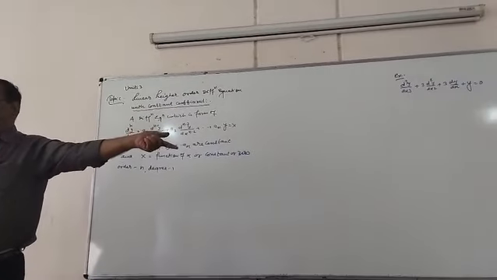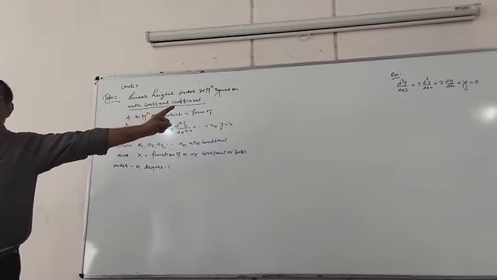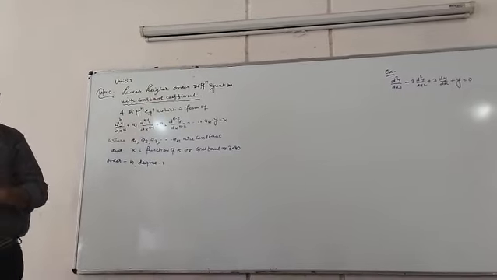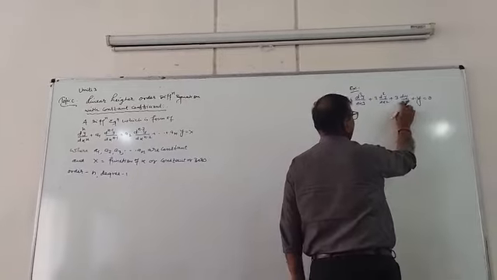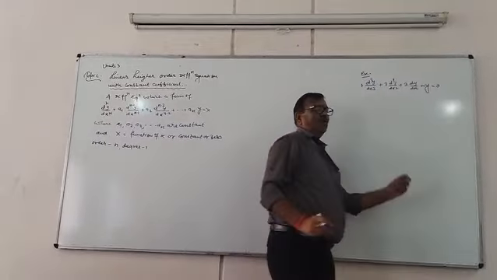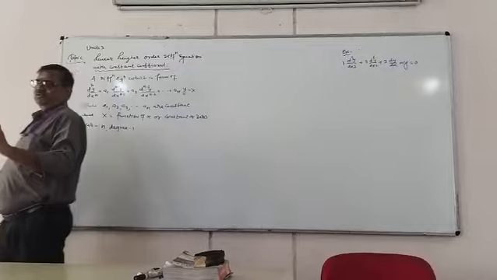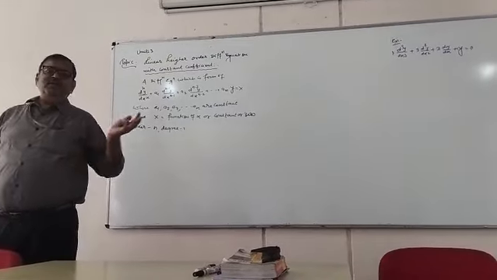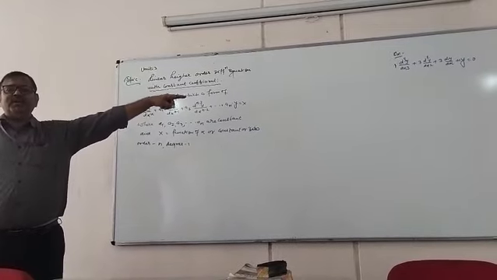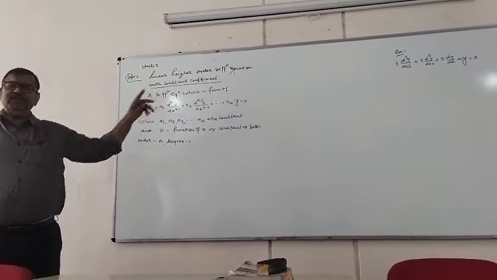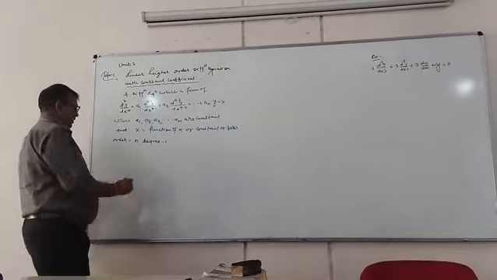That is a higher order. And degree is 1, so that is linear. And the coefficients are constants: 1, 3, 3, 1. So all coefficients are constant. So combined, we can write this as a linear higher order differential equation with constant coefficient. Clear? Yes, sir.